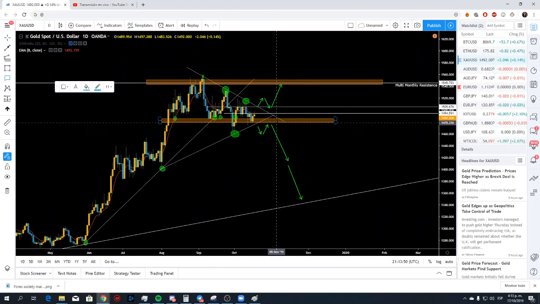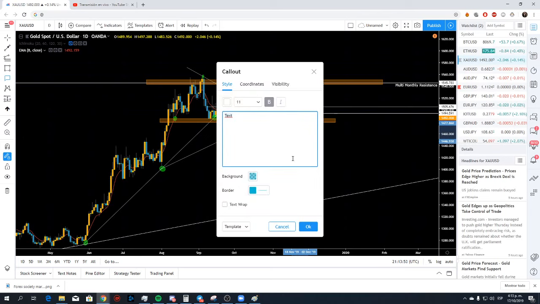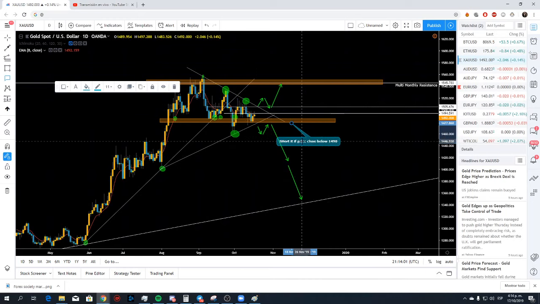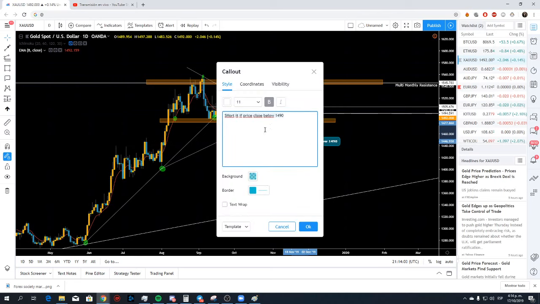Let me write it down here. Short it if price closes below 4090 in the daily time frame.